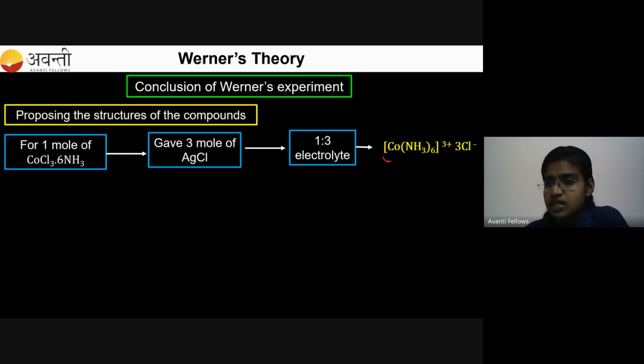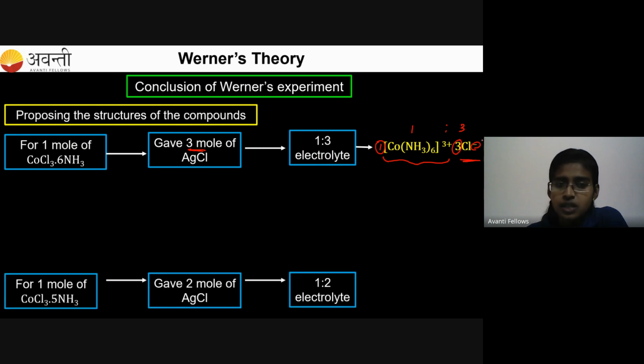Here you can see there is 1 cation and 3 anions. That's why the solution is a 1:3 electrolyte. And there are 3 moles of AgCl precipitated out because of the 3 Cl minus, as you can see.